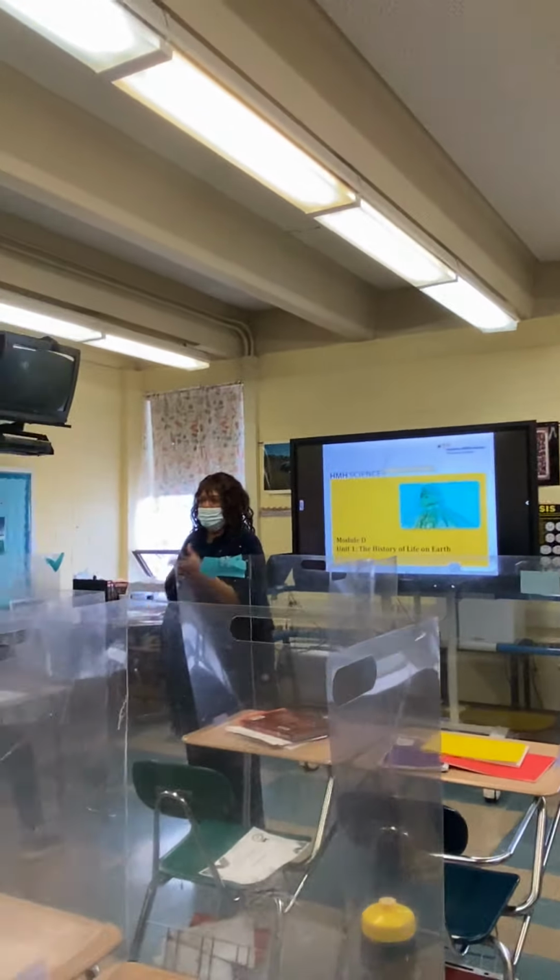This is also how they are able to understand how old the earth is. So this is what we're going to look at too. I have a PowerPoint presentation, the history of life on earth, and you also have this uploaded in your Google Classroom, and you also have your student workbook.